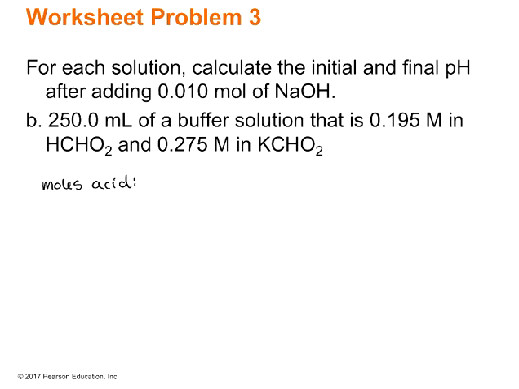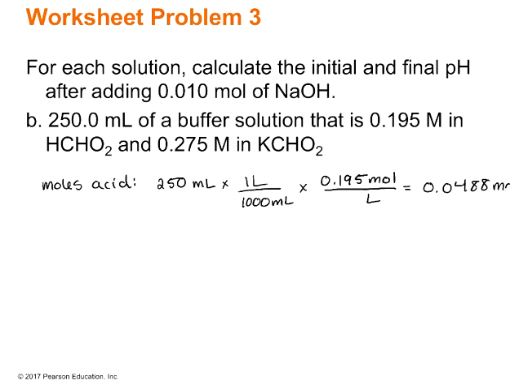So starting with acid, we have 250 milliliters, so I'll convert that to liters, and then use the concentration of acid to get to moles. So this should give us 0.0488 moles of our acid.